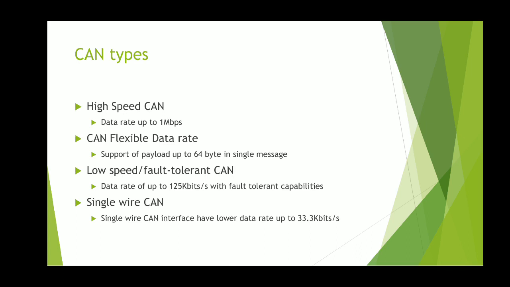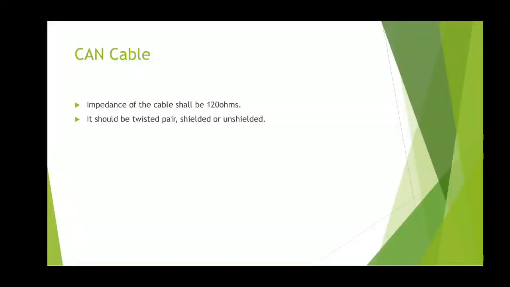And lastly, for single wire CAN, the data rate can reach only up to 33.3 kilobits per second, but it needs only a single wire for communication. A twisted pair cable of 120 ohm impedance is normally used for communication, and this cable can be shielded or unshielded.